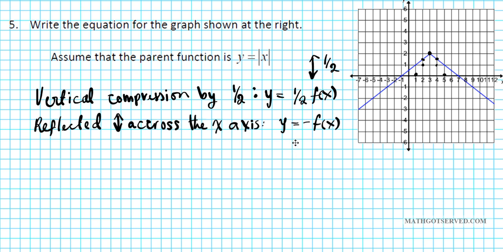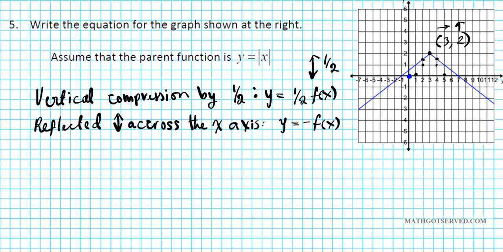Okay, now the coordinates of the vertex can tell us what the shifts are. The coordinates of the vertex are 3 and 2. This means the graph has been shifted 3 units to the right and 2 units up, because the original point of the vertex was 0, 0. So it achieved this vertex by shifting 3 units to the right and 2 units up.